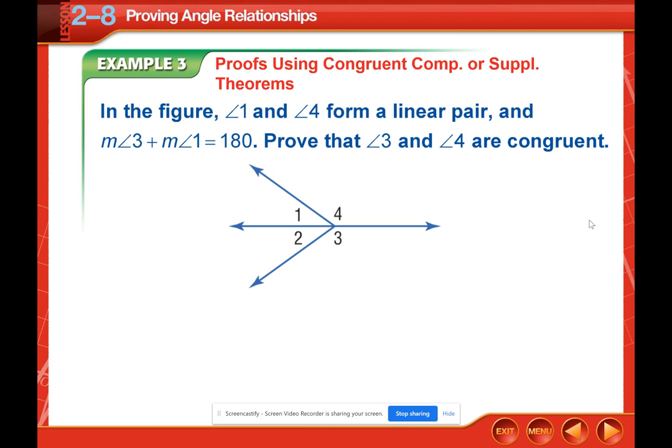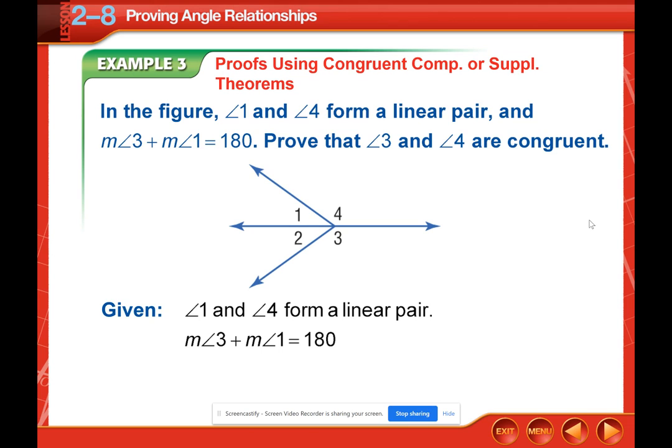We need to prove that angle 3 and angle 4 are congruent. Okay, so we start off with our givens and what we need to prove. We're given the linear pair and we're given what equals 180. We need to prove angle 3 congruent to angle 4.